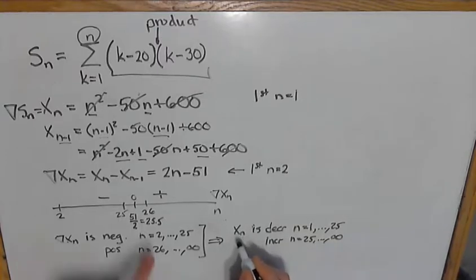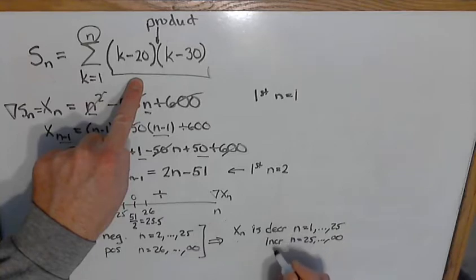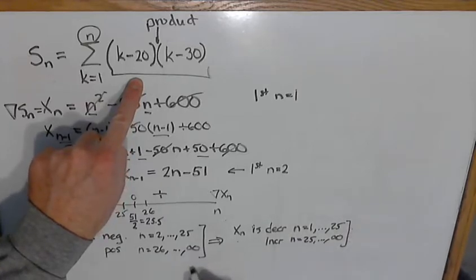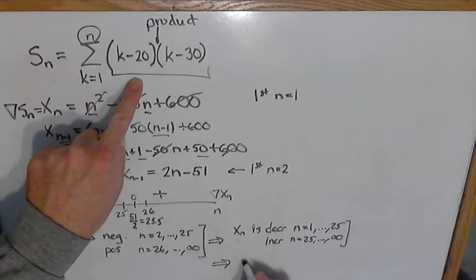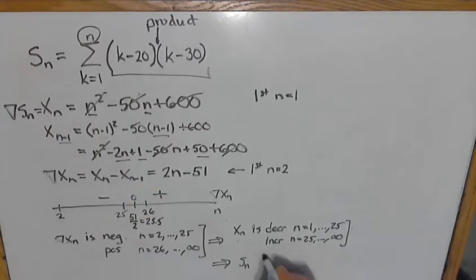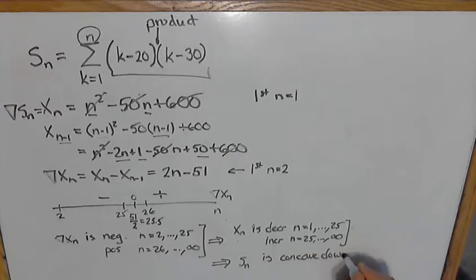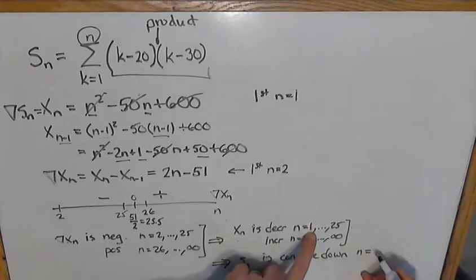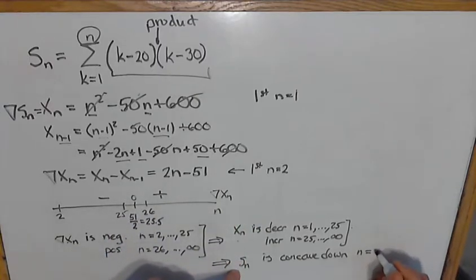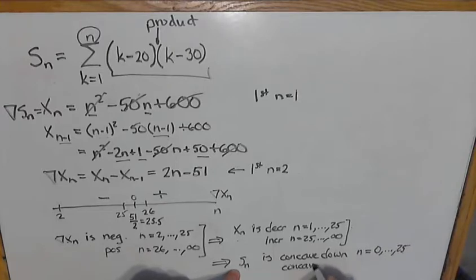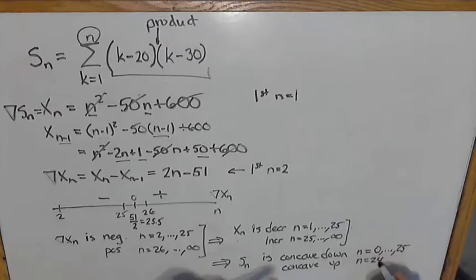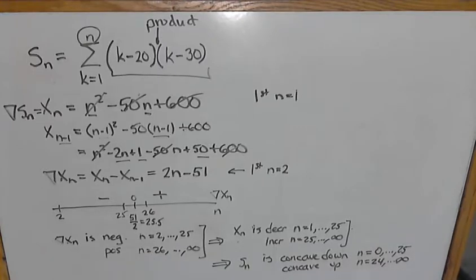And now that I know that my increments are decreasing and increasing, this tells me that my sequence is concave down. Again, we go backwards 1 from an increment to a sequence from 0 to 25, and I'm concave up. N goes from 24, that's 1 before 25, forever after.